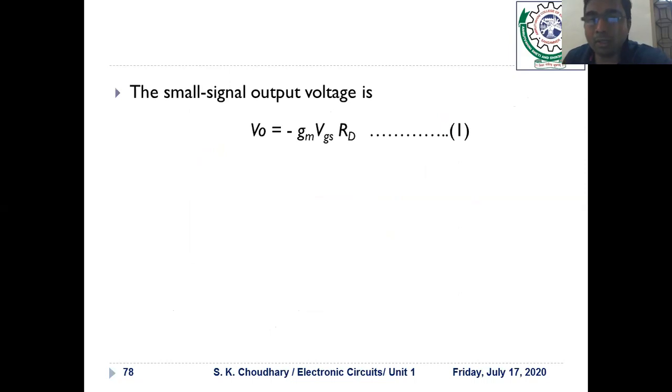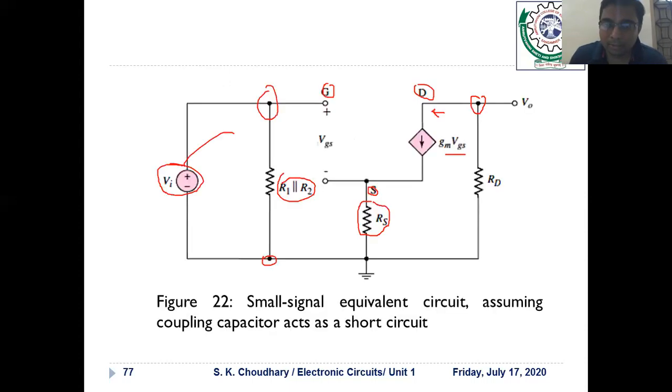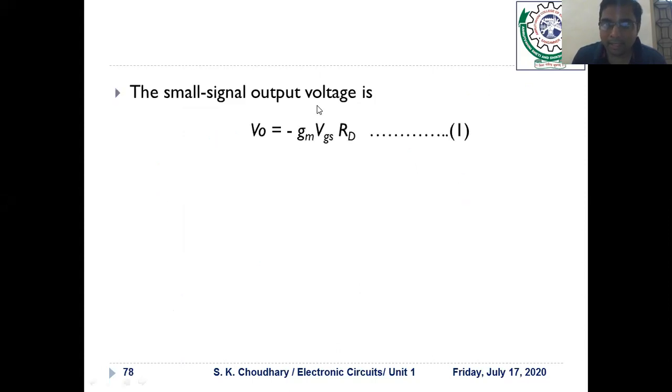That is Vo is equal to minus gm VGS into RD. That can easily be defined from this section. Vo is the drain current flowing through RD in the opposite direction. So it is minus ID RD, and ID is gm VGS. Minus gm VGS RD, that is your Vo.